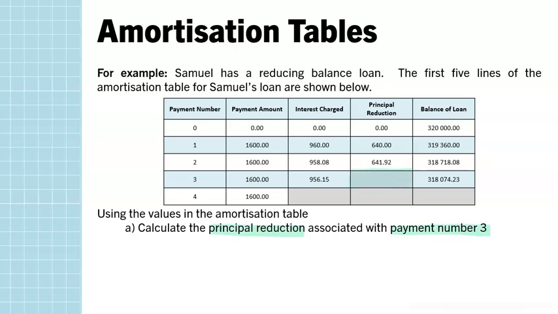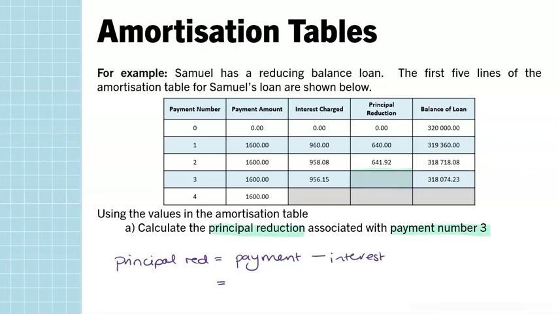And so note here, we don't know anything about the interest rate. We don't have any of the other information, but I actually don't need it because I need to remember that my payment amount is equal to the principal reduction plus the interest. So I can use that and say, well, my principal reduction will be my payment minus the interest charged.